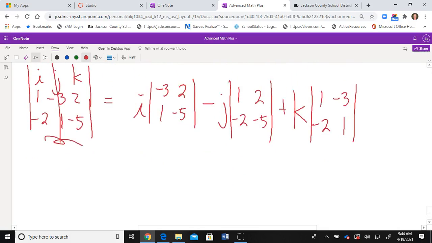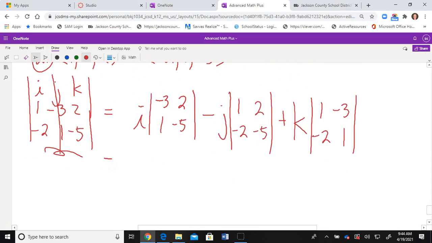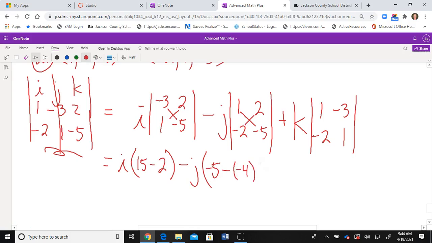Alright, and then you do your determinant of the 2 by 2 matrix. So that's going to be I. This would be 3 times negative 5 is 15, minus 2 times 1 is 2, minus j. 1 times negative 5 is negative 5, minus 2 times negative 2 is negative 4, plus k. 1 times 1 is 1, minus negative 2 times negative 3 is 6.